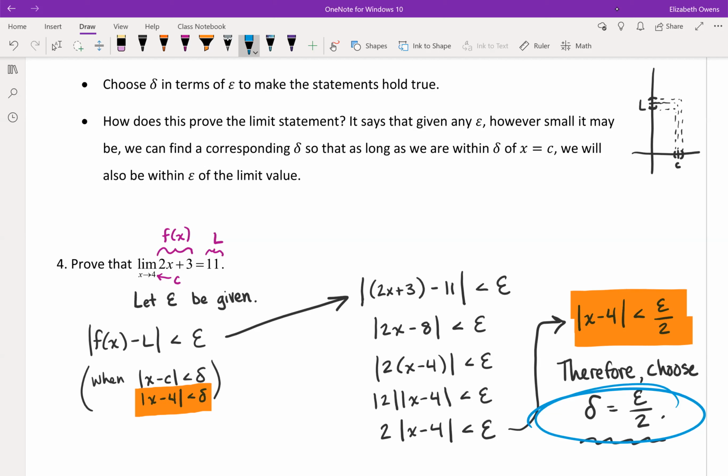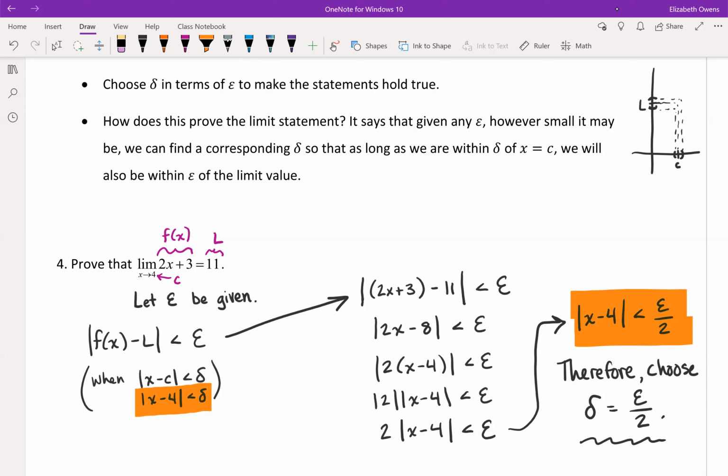Now that we've completed this proof process and we have a generic delta in terms of epsilon, we're able to find corresponding deltas very, very quickly. If they told us epsilon was 0.0001, or any value like that, to find the delta to go with it, you would just cut that epsilon in half, and that would be your delta.